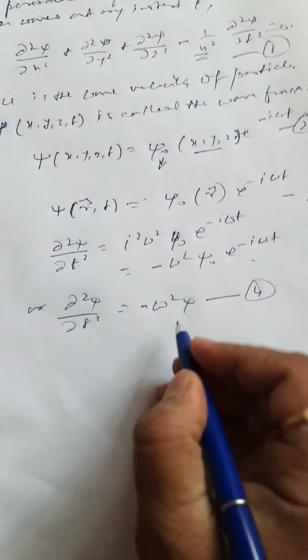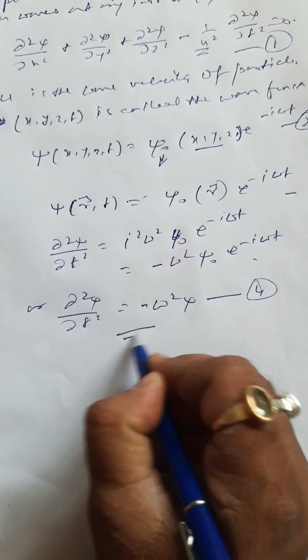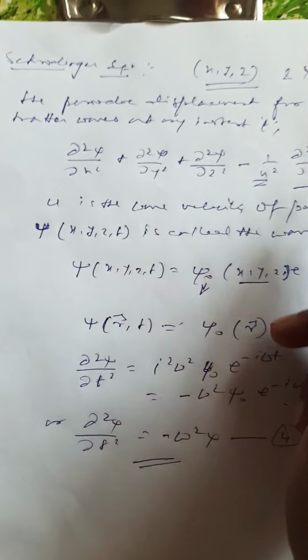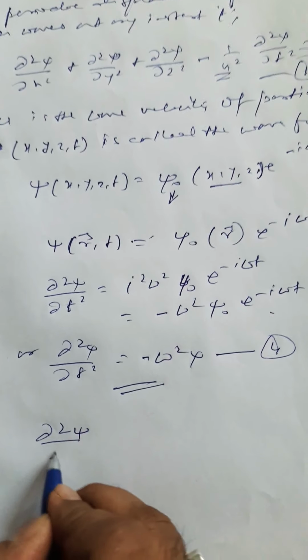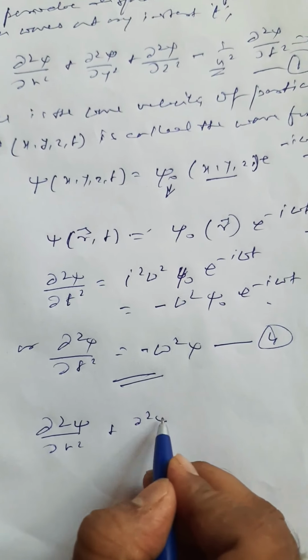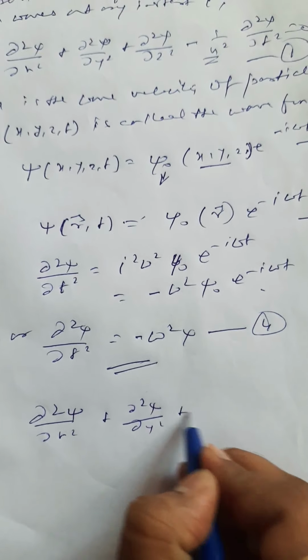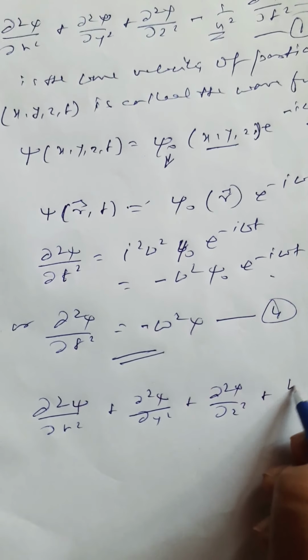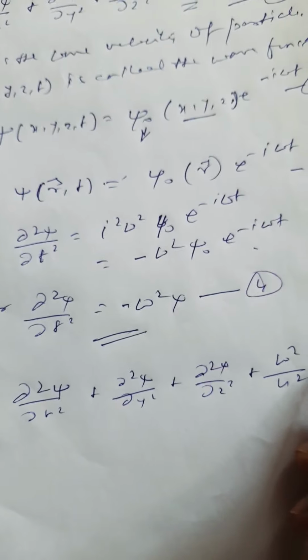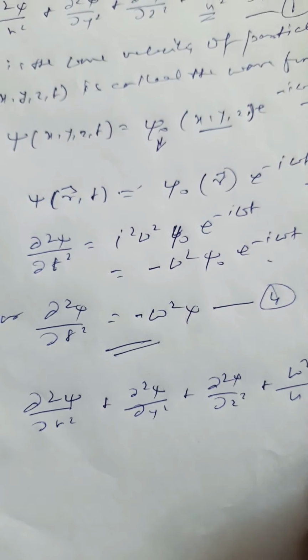Now substituting this value of del square psi by del t square in equation number 1, we get del square psi by del x square plus del square psi by del y square plus del square psi by del z square plus omega square by u square psi equal to 0.